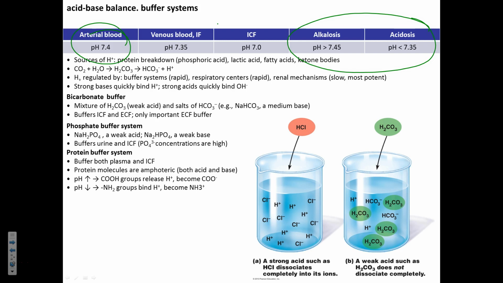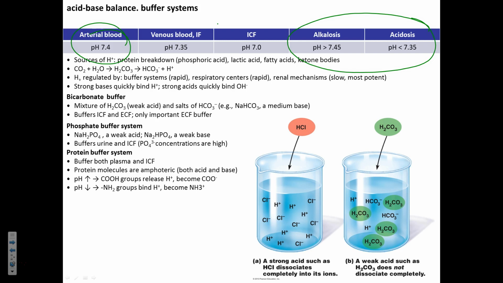I'll put it out there in the air. It's going to change in 30 minutes. Here, any deviation of more than 0.05 units of pH is considered to be either acidosis or alkalosis. So it's really tightly regulated.